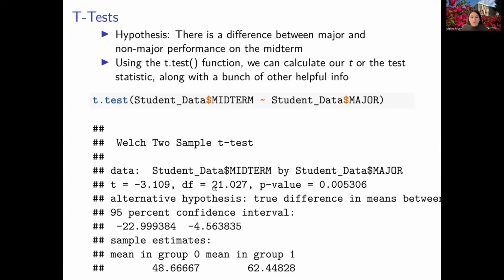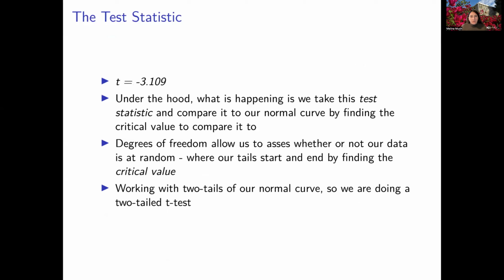We'll talk a bit more about what degrees of freedom is later. And then we get a p-value, which is going to be our threshold for statistical significance. We'll talk about that in a future lecture, but that is going to be our threshold for whether we can reject our null hypothesis or take some tentative evidence for accepting our alternative, right?